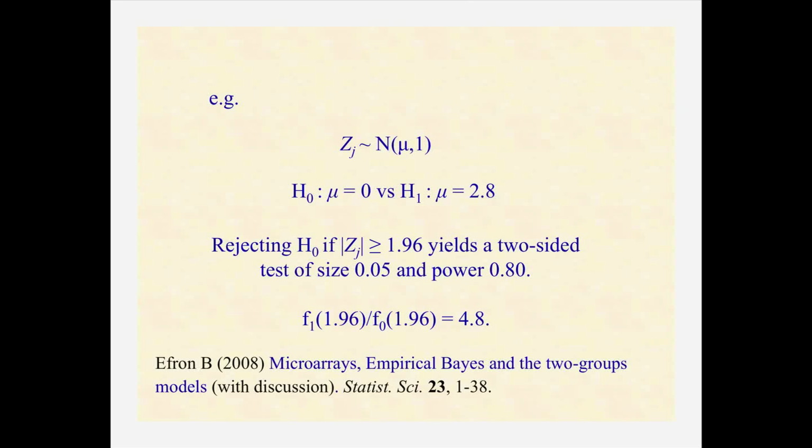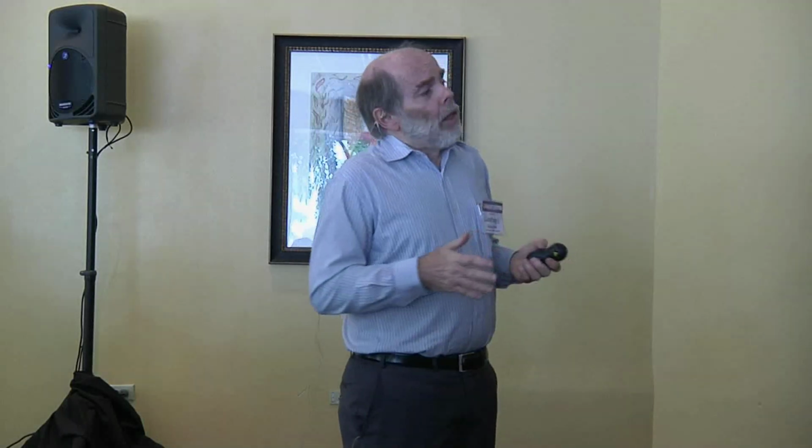So in just testing one gene, the likelihood ratio has got to be greater than 4.8. But in the context of multiple hypothesis testing, it's got to be greater than or equal to 36. That gives you some idea of how stringent the additional condition is to make a significant result when you're doing multiple hypothesis testing.